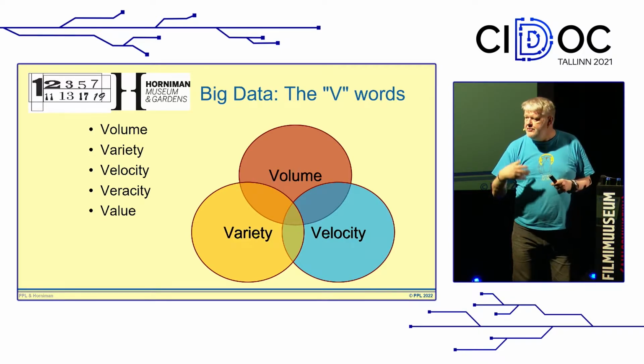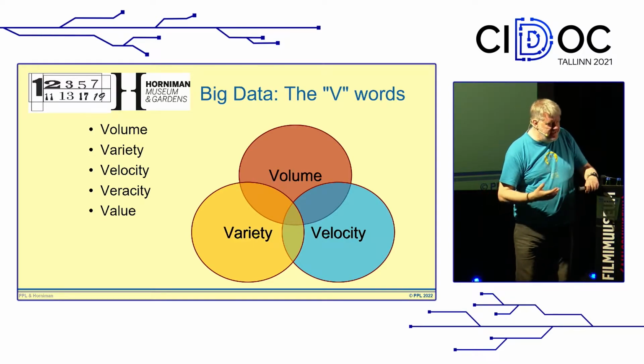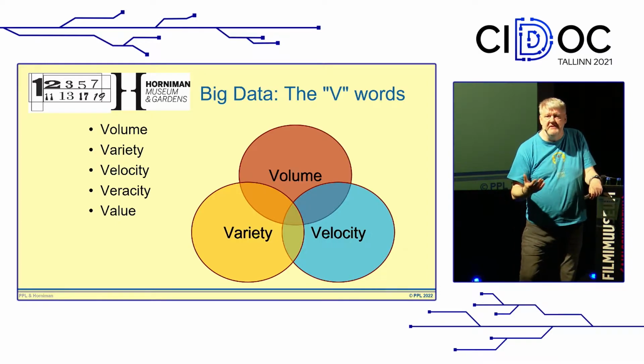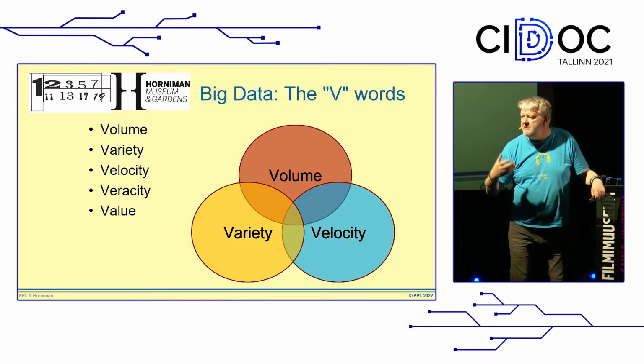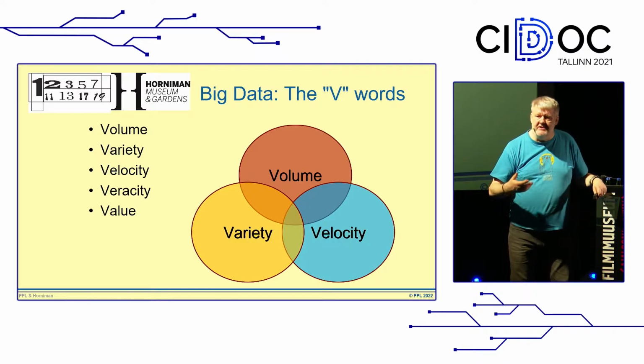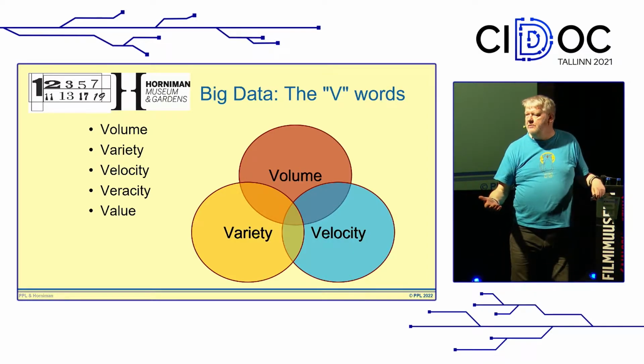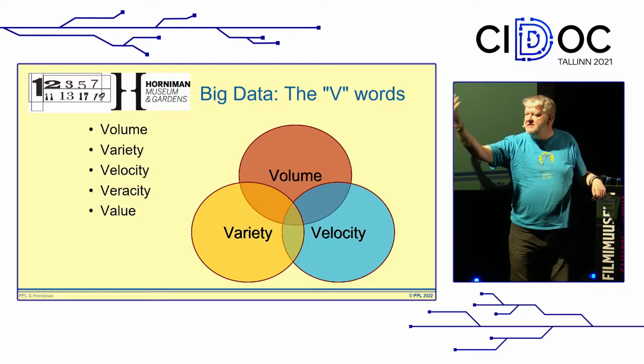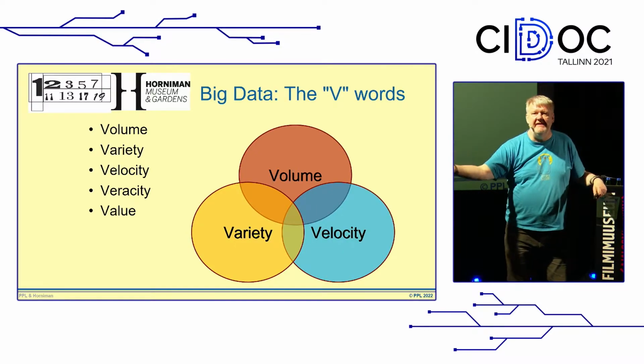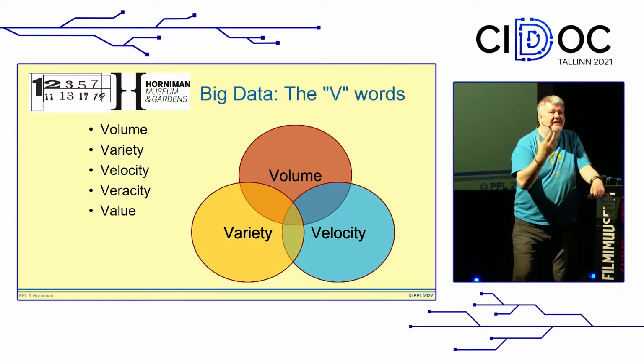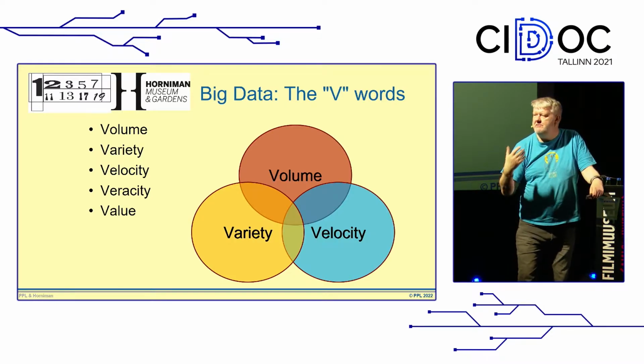The fourth, the new term, veracity, is incredibly important because most of the time big data is about dealing with data sets which are outside your own institutional walls. So we're going to bring in data from outside. And if we're bringing in data from outside, we need to know at what level of trust we are able to use that data.